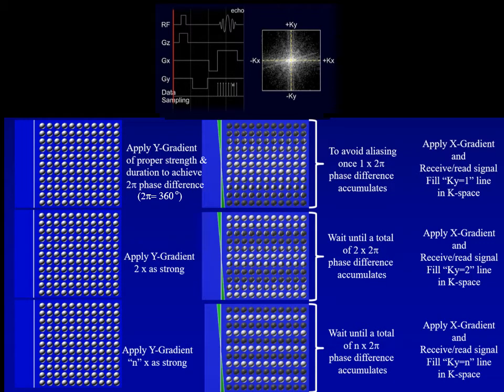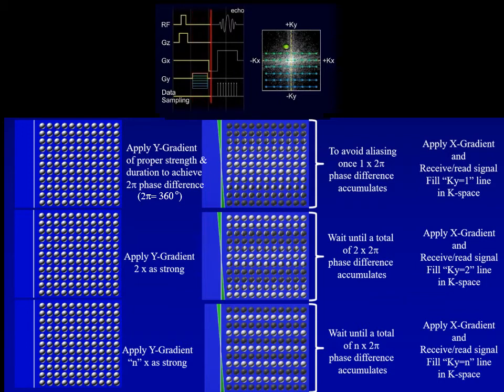Let's look at the same idea graphically using our animation model of spinning black and white balls. We're going to start first with the repeat of the pulse sequence diagram, which is shown at the top of this image. As I play this video, watch what happens.